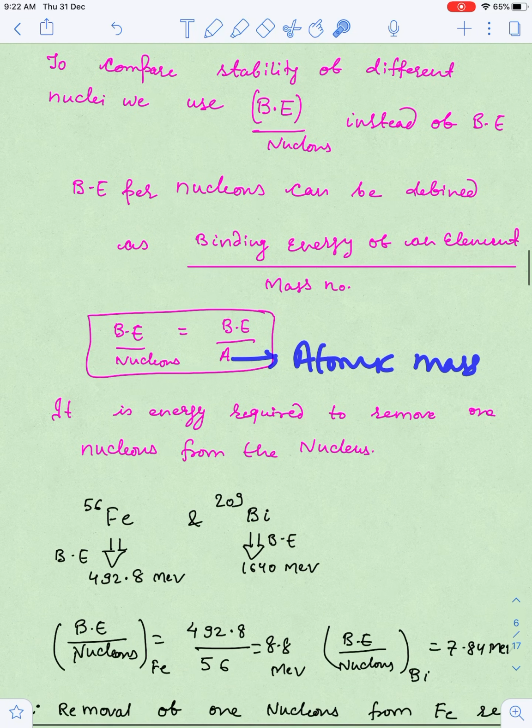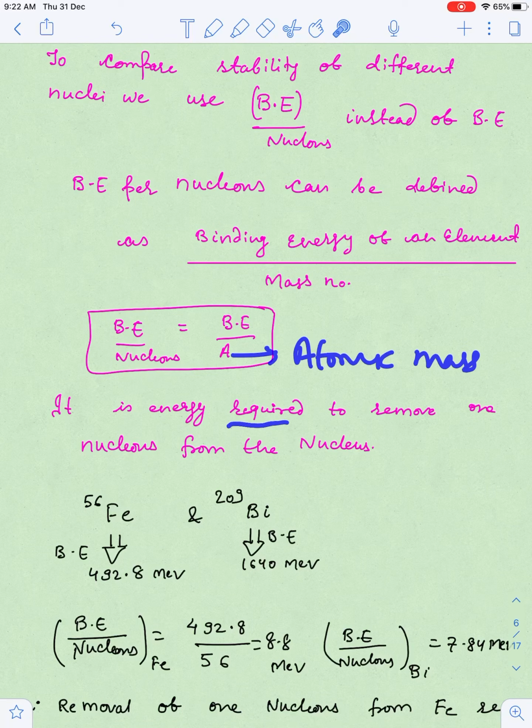This is the energy required to remove one nucleon from the nucleus.